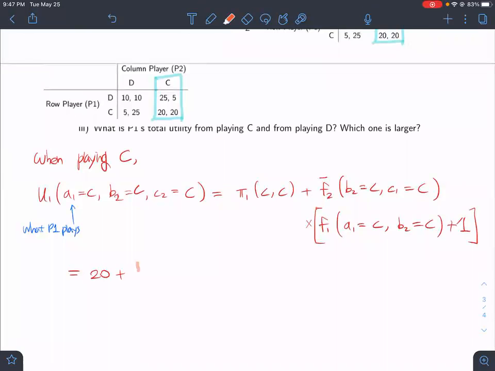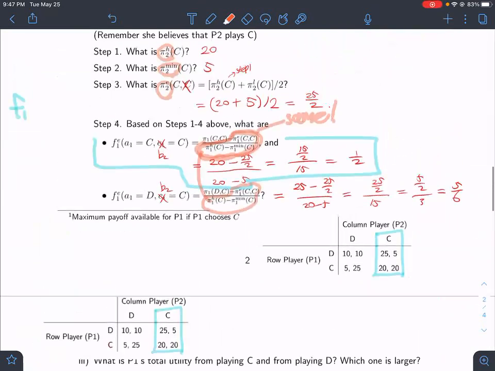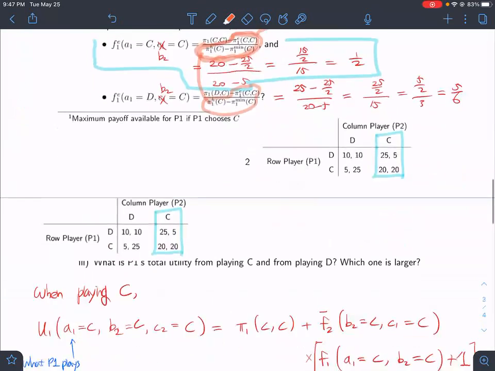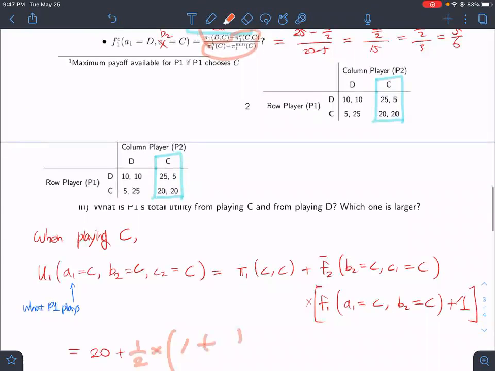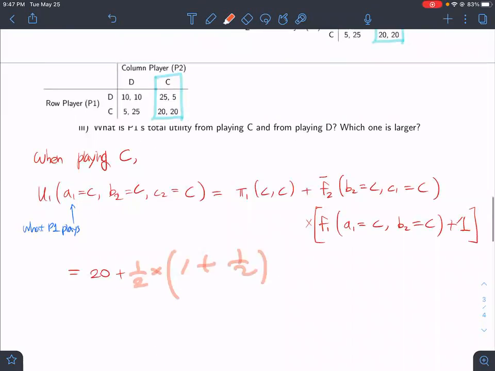So 1/2 times F1 was 1/2, 1 plus 1/2, which is 20 plus 1/2 times 2/3, which is 20 plus 3/4.